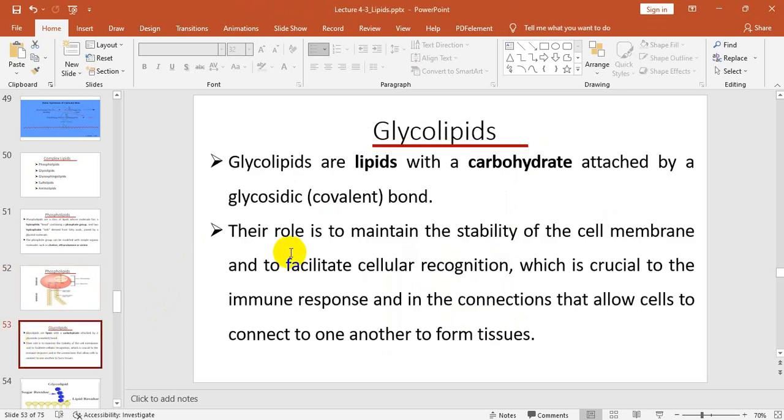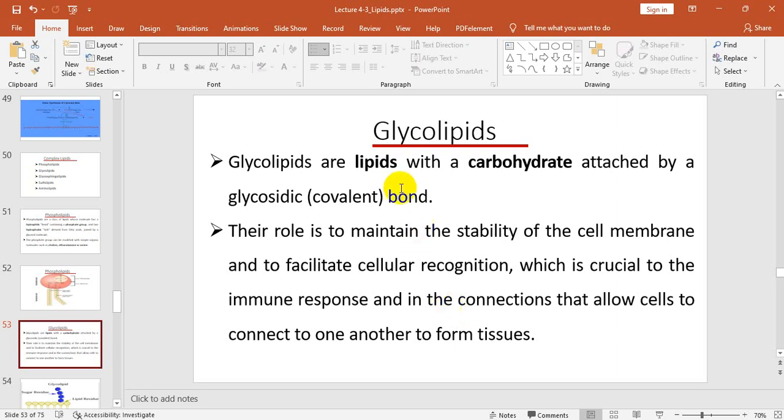Glycolipids are lipids with a carbohydrate attached by a glycosidic covalent bond. Their role is to maintain the stability of the cell membrane and to facilitate cellular recognition. And this is crucial to the immune response and in connections that allow cells to connect one to another.